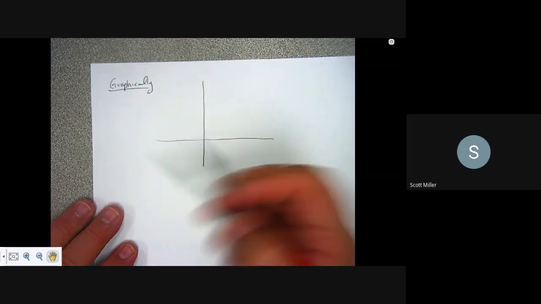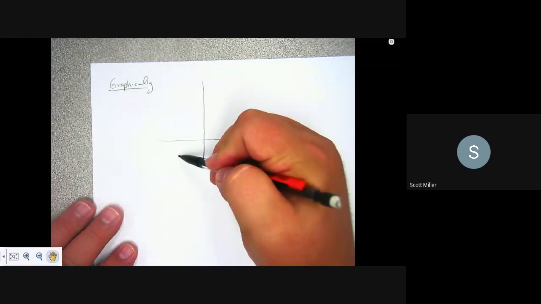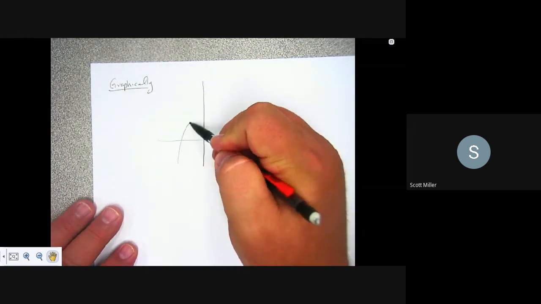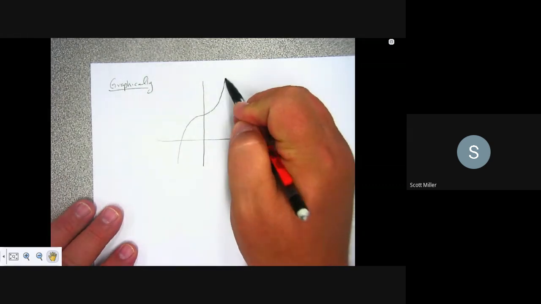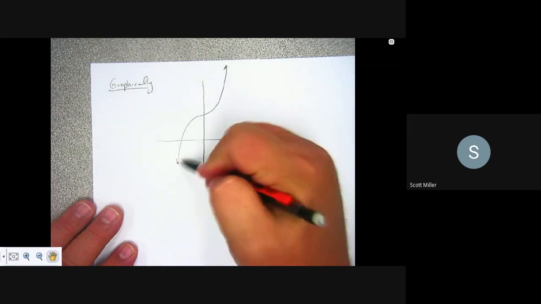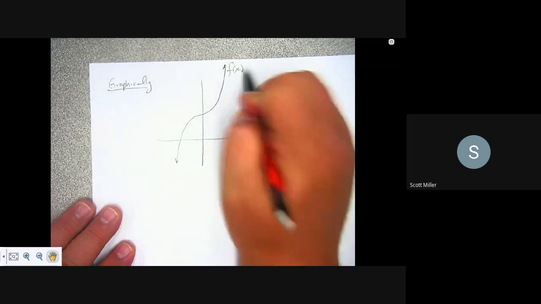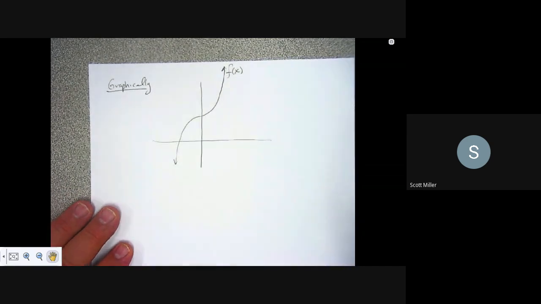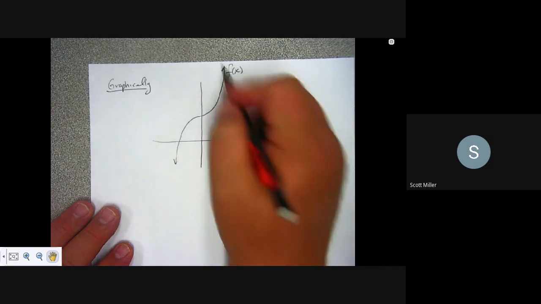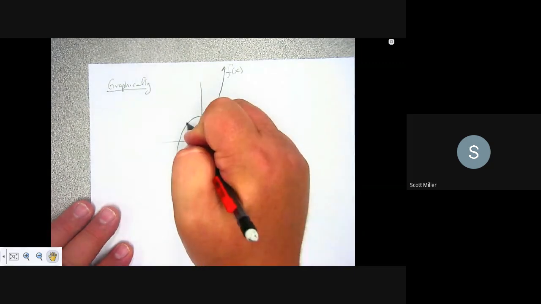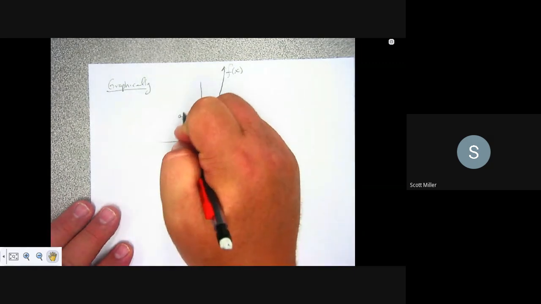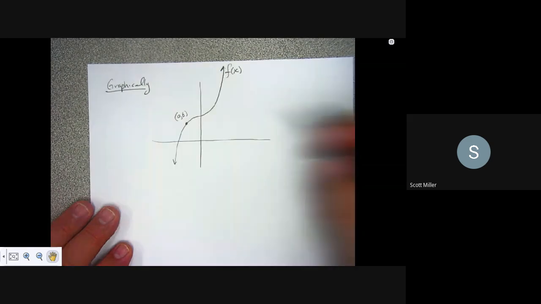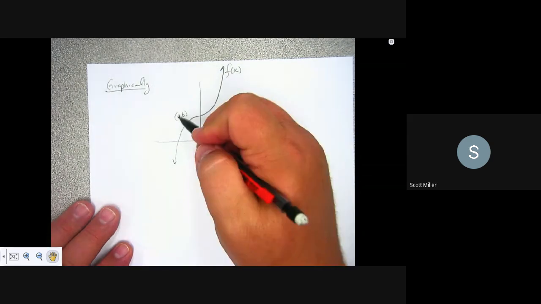I just draw a simple graph over here, and I'm going to draw this one like that. I'm just going to call this f of x. I'm not going to actually try and give an equation for it. And on this, I know somewhere on here, all these points, we can label as a generic point a, b. So all these points on here would be called ab.